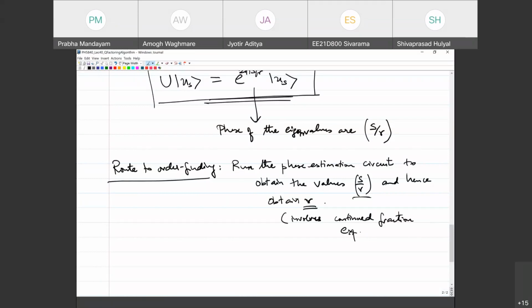Again, I don't want to get into that because then I will be doing at least one lecture on number theory, which I don't want to do now. So those of you who are interested, I will let you go and look it up. So this would be section 5.3 of Nielsen-Chuang, right?